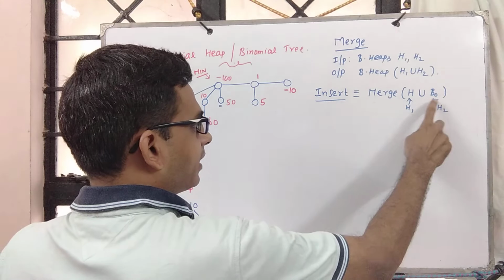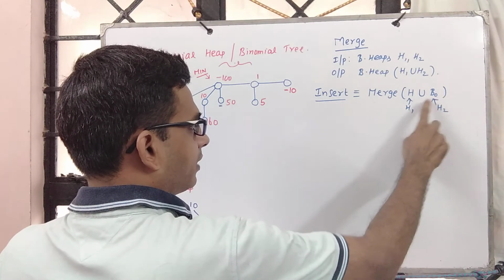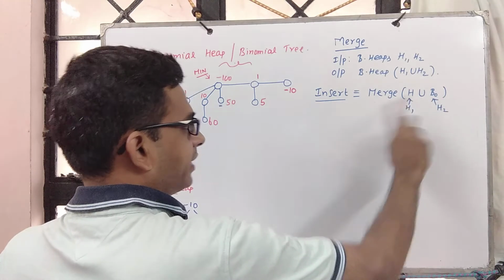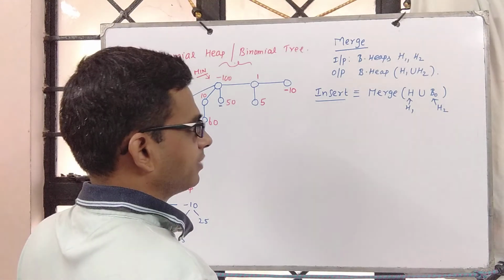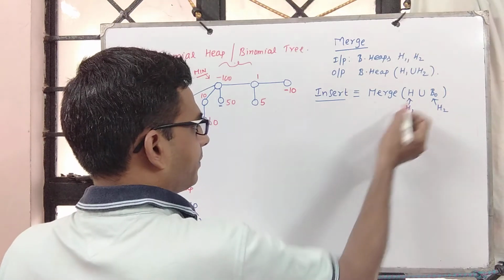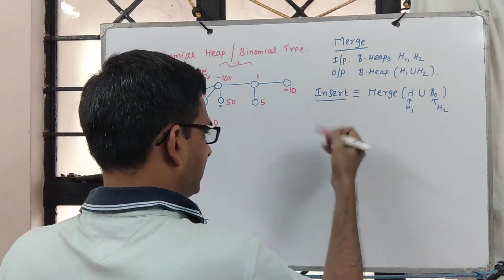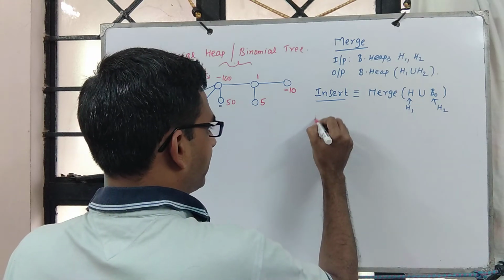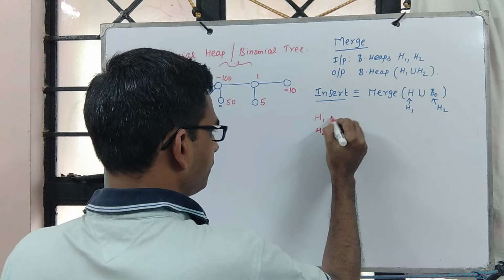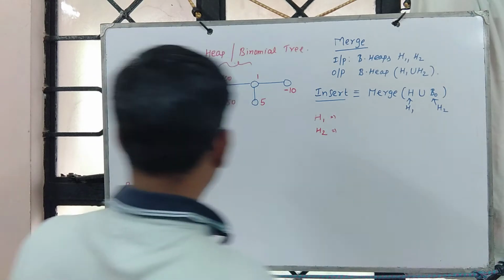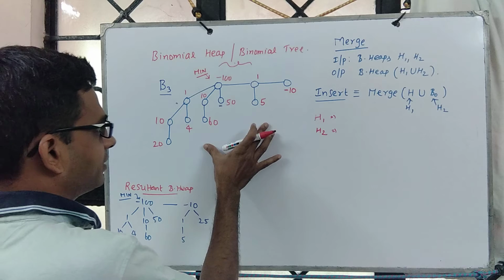Now we saw that adding a node or merging B0 with the existing structure is as good as adding 1 to the binary representation of H. Let's generalize that. So you are given two binomial heaps, say H1 and H2, whose binary representation, for example, let's look at this.